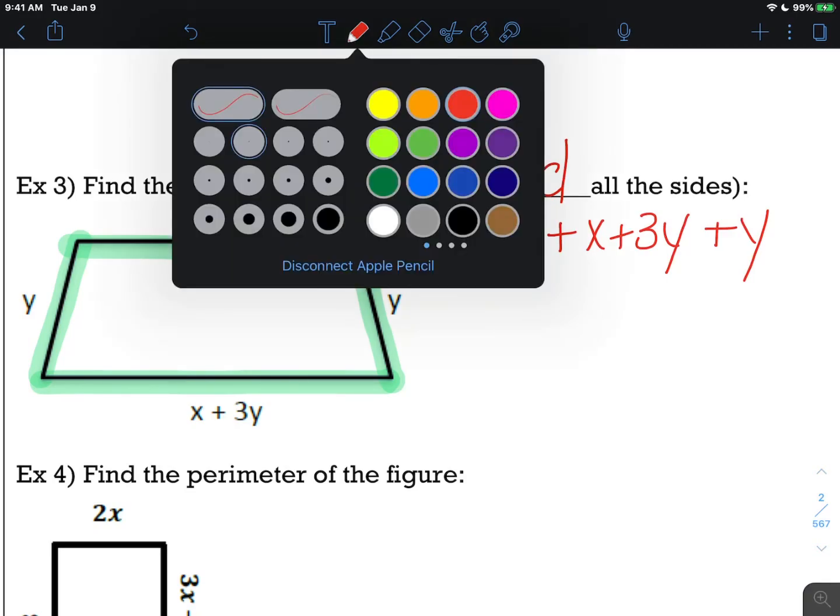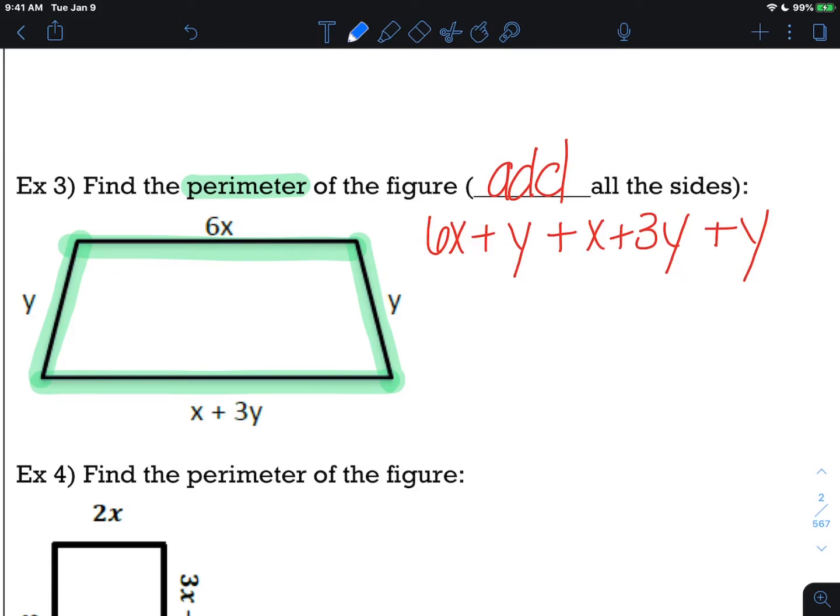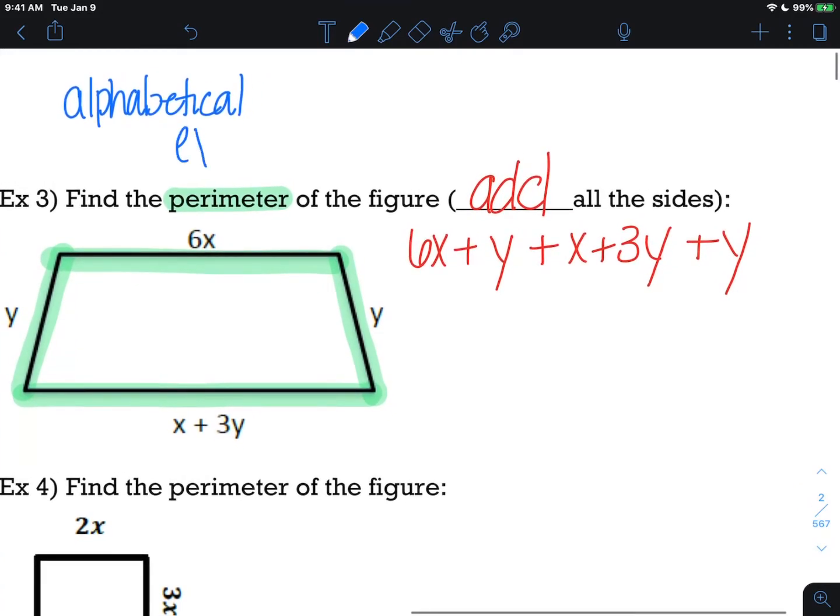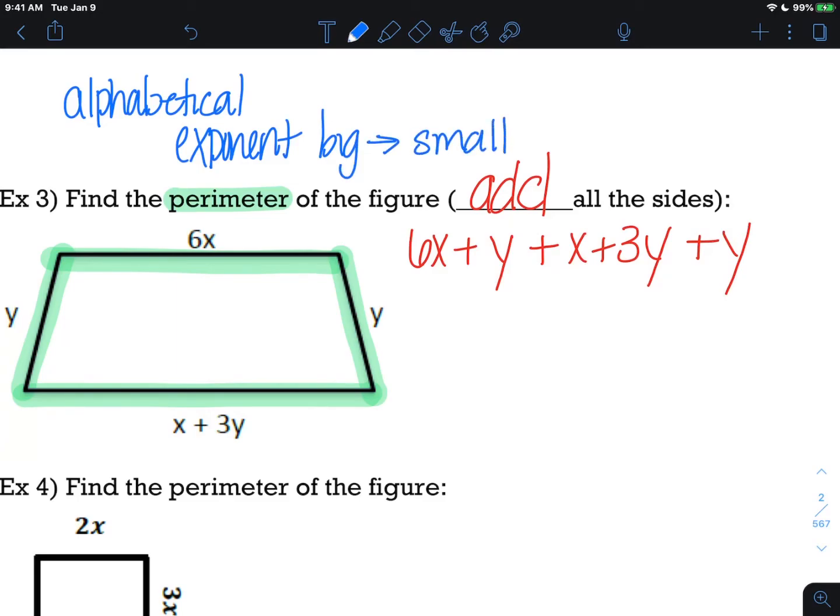So what I like to do instead is draw shapes. I do circles, squares, triangles, maybe a heart. Usually you won't have more than 4 different things to worry about. So I'll say, all right, let me first look. I want to write these in standard form: alphabetical, and then exponent from big to small.